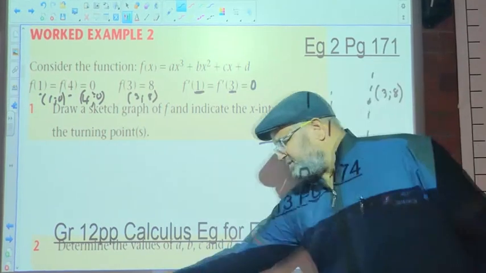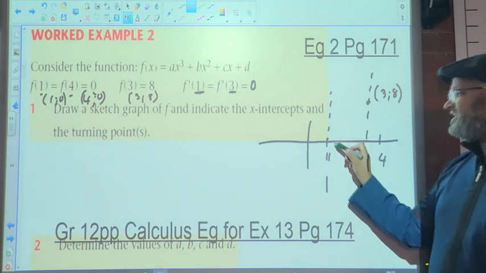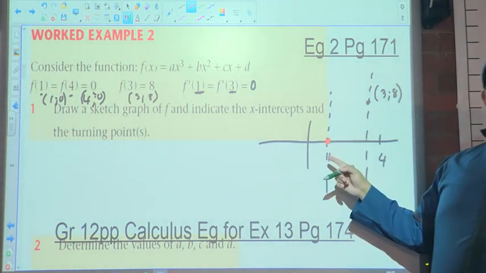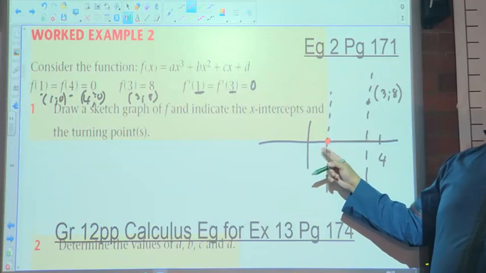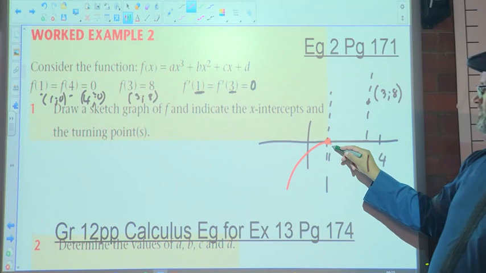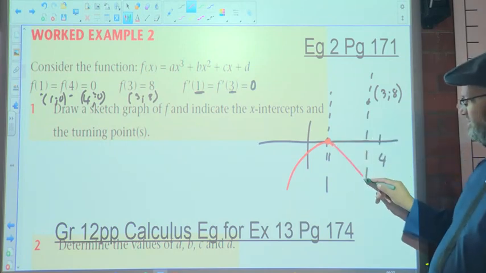Now, if 1 is a turning point and it's an x-intercept, that means it's a 2 in 1 happening here, not so? So the graph is going to bounce off there. But now you see there's a next turning point. So could the graph come down here?